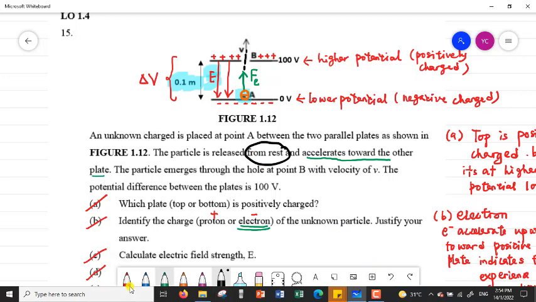If it is released from rest, it means the initial velocity is 0. So the distance traveled from A to B, s, is 0.1 meter.